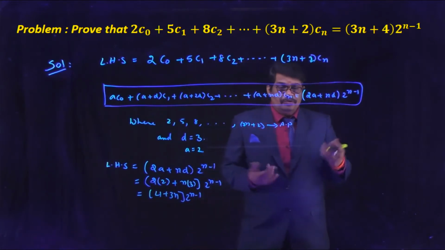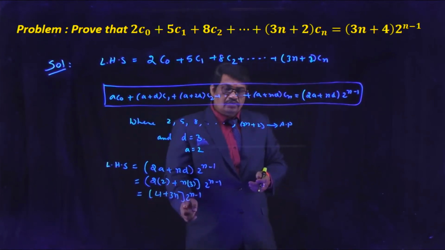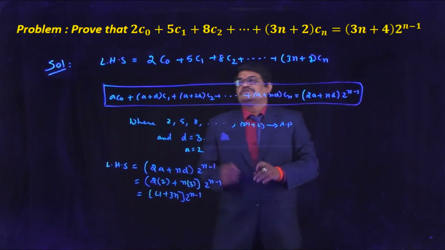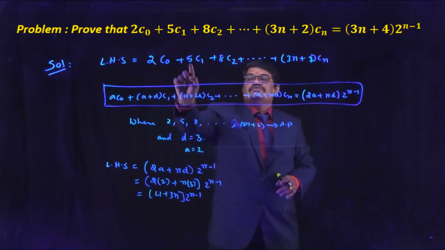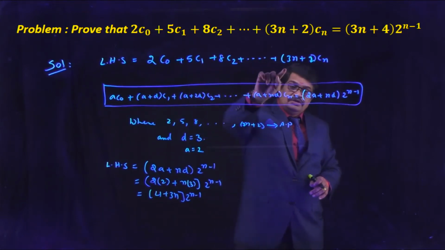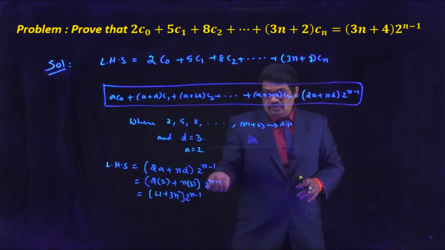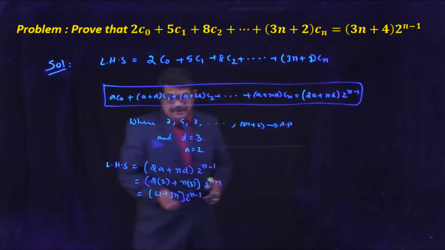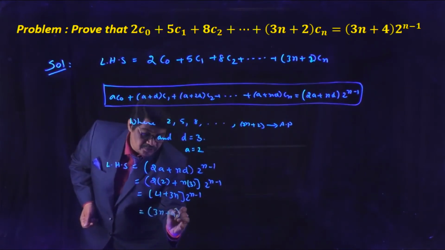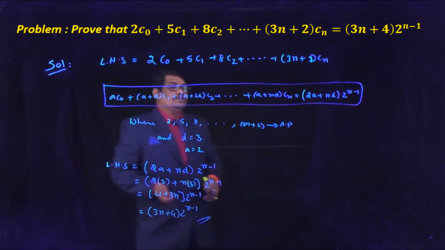Now proving that the result is (3n + 4) into 2 to the power of n minus 1. So this series 2 into C0 + 5 into C1 + 8 into C2 and so on, up to (3n + 2) into Cn, is equal to (3n + 4) into 2 to the power of n minus 1. That is our proving result.